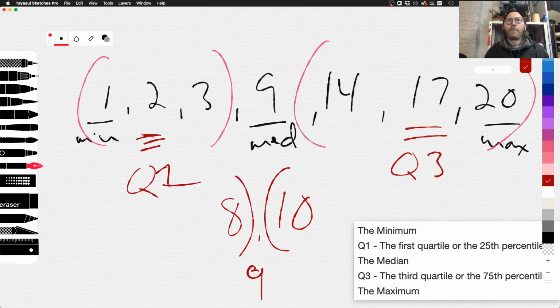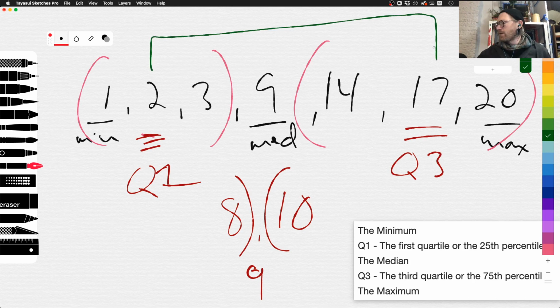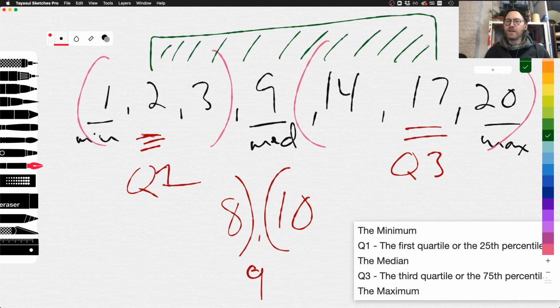So in this case, if we're considering the IQR, we're considering the spread of data between Q1 and Q3, right? Here's our IQR. Here's where we would expect to see 50% of our data.